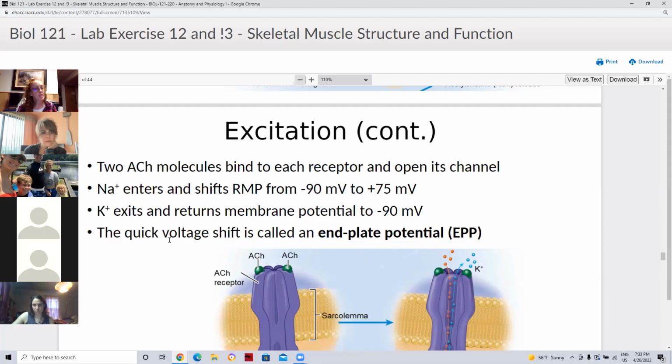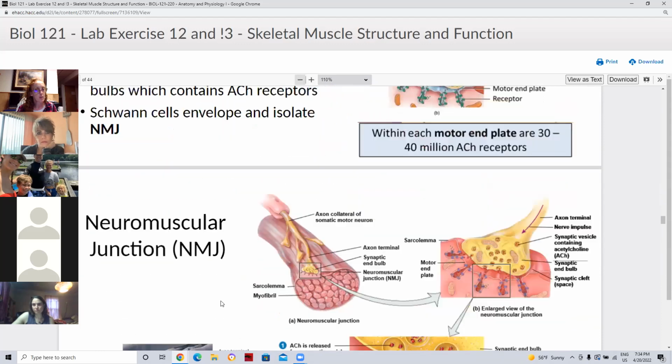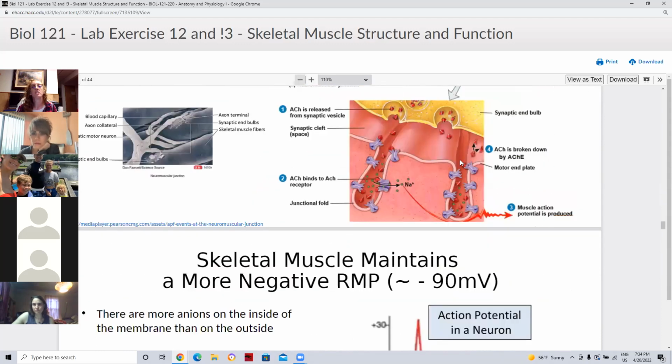This quick voltage shift, rather than calling it an action potential along the sarcolemma, to distinguish it from action potentials that occur in the neurons, we call an end plate potential. Because remember, this is the motor end plate where this is occurring.